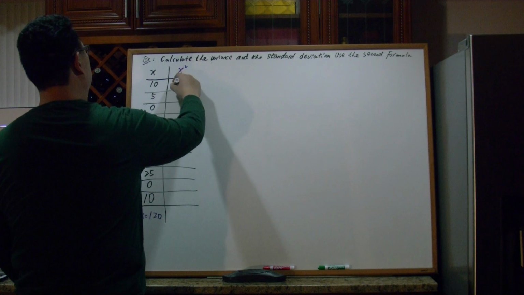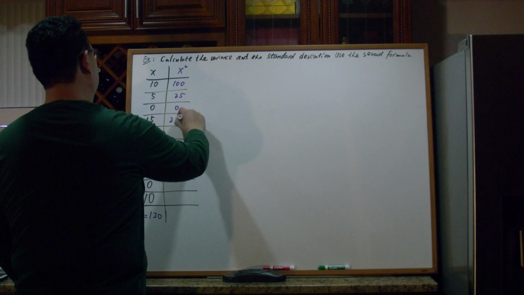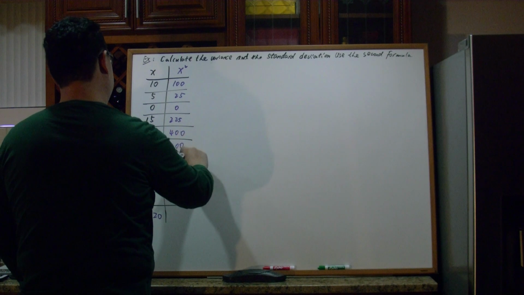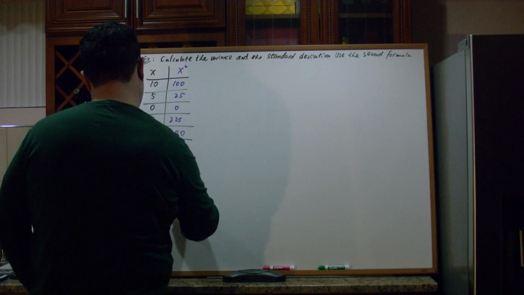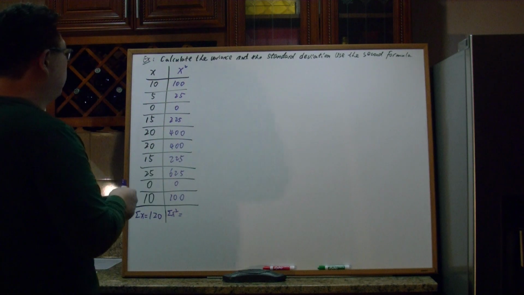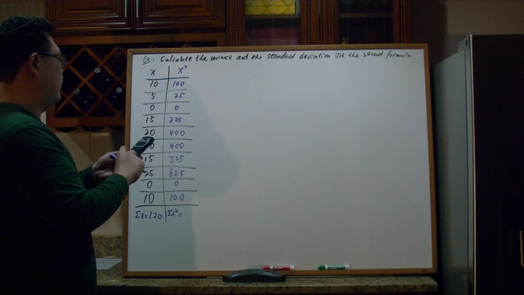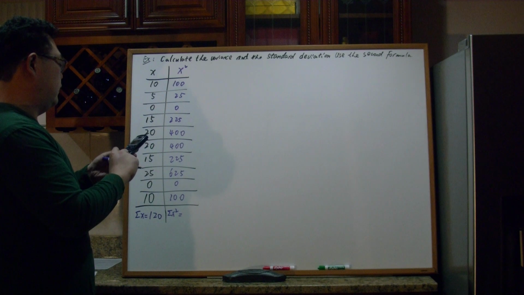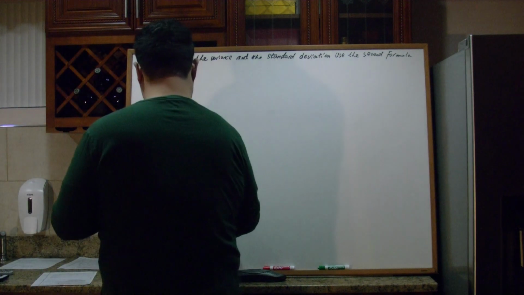And we take the square of each number: 100, 25, 0, 225, 400, 400, 225, 625, 0, and 100. We add them together, and you get 2100.